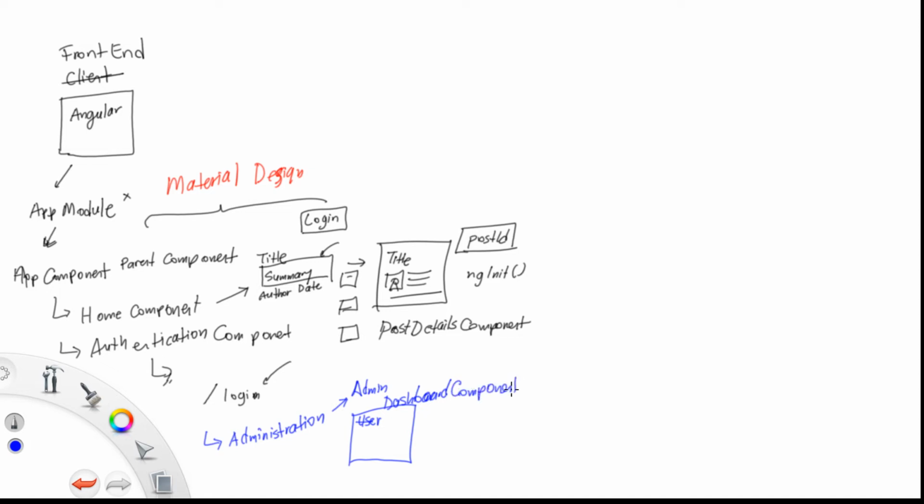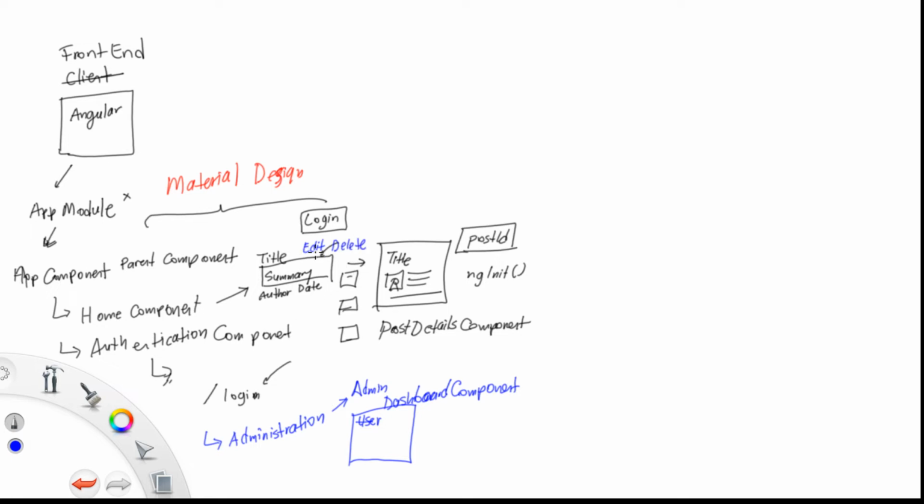Wait, maybe we don't care. Maybe I don't need the dashboard component. What I can do is, after you're logged in, make the home component look a little different and make some buttons and functionalities visible. For instance, you see an edit button appear right next to the title, and a delete button as well.